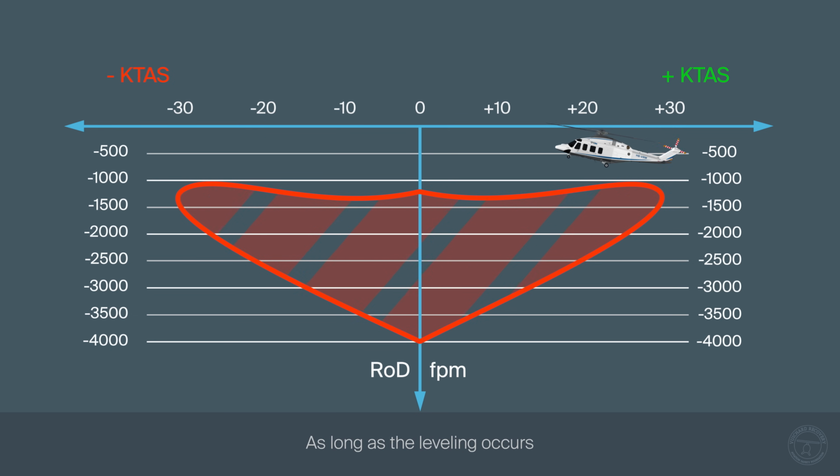As long as the leveling occurs outside the danger area, the vortex ring state does not build up. If the leveling occurs within the danger zone with sufficient power, the vortex ring state builds up and the helicopter literally falls from the sky.